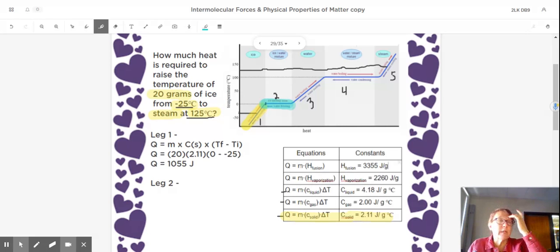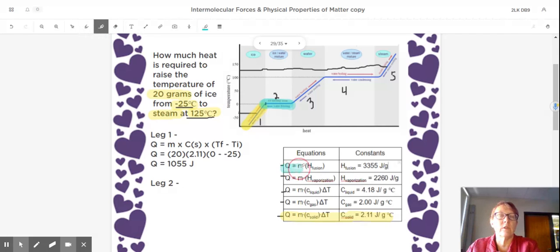Okay. So that means we're going to need an equation that doesn't have a delta T. So that means we've got to use one of these 2 equations. The way that you figure that out is you look at what's happening at that point on your heating curve. And in this case, this is where we're having the phase change between solid and liquid, which is we're going to use heat of fusion for this equation.